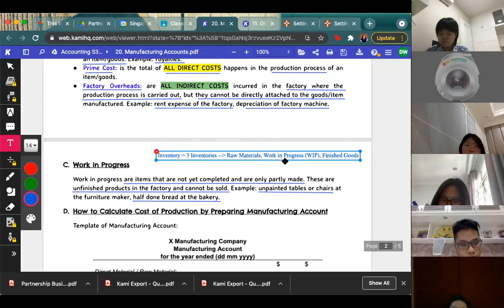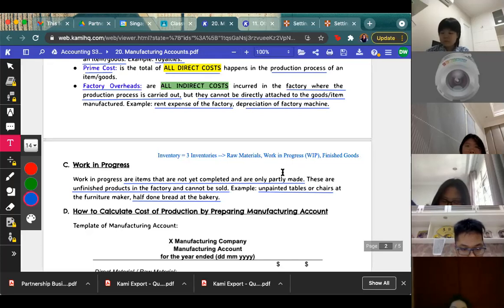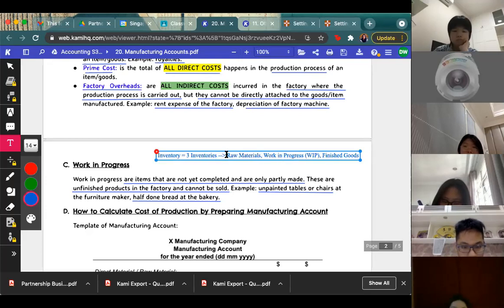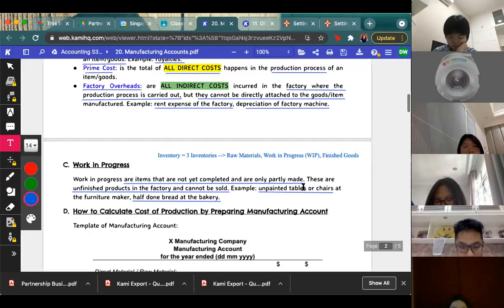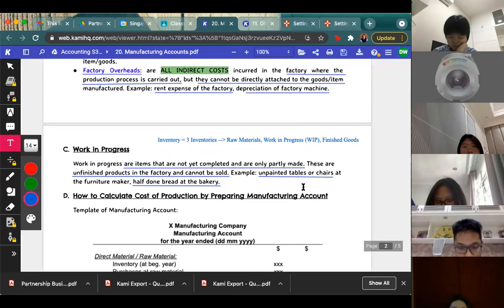It has to be out from the factory, move to the office or the warehouse where salespeople will then try to sell these goods. So that is why when we are trying to calculate cost of production, raw material and work in progress will be included in our calculation. So far, any question?